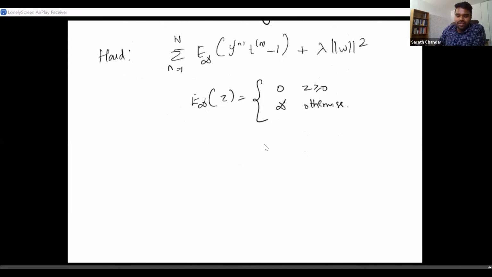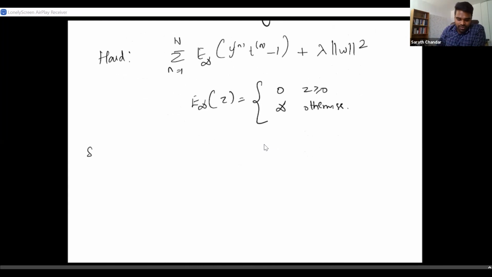And what we did in the soft version, or the SVM formulation that we had, is to relax these constraints, and we had an extra epsilon, or slack variable, to allow some constraint violations.